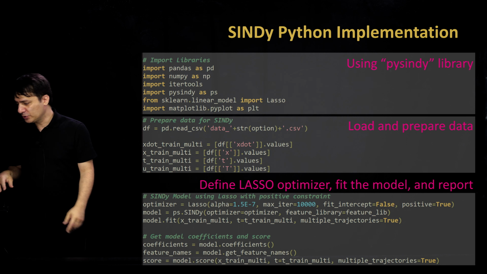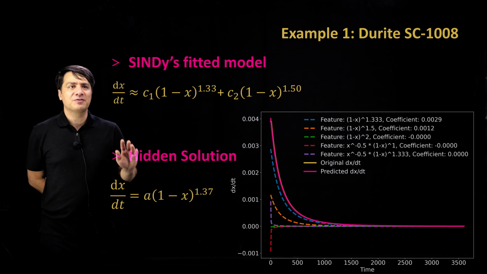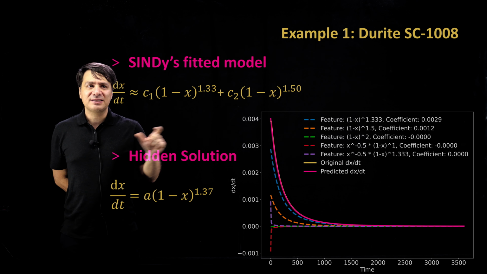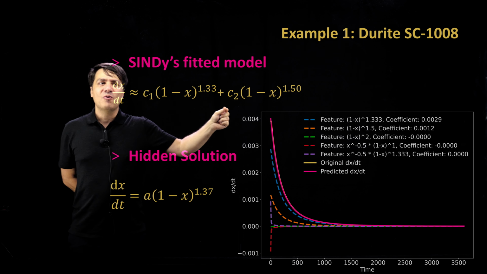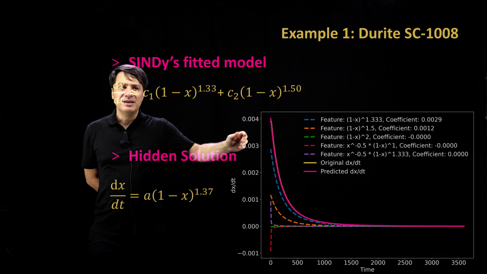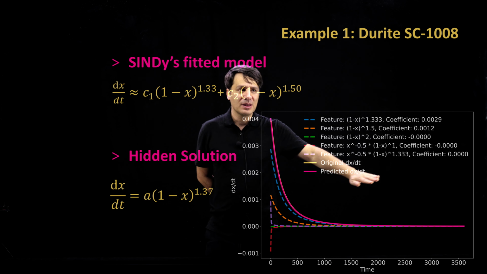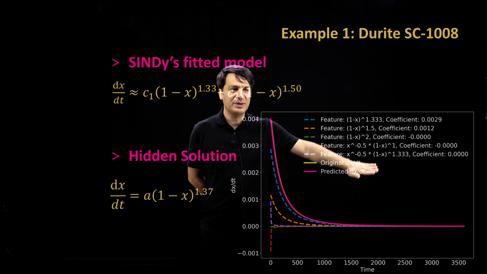So let me walk you through the 3 examples I gave. The first example, which was a phenolic-based material, the SINDy's fitted functions, given here, are 1 minus x to the power 1.3 or 1 minus x to the power 1.5. In order to see the 2 components, I have plotted them together. So basically, there is this original data and predicted data.